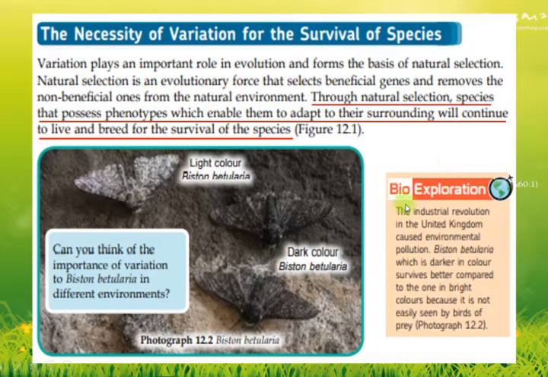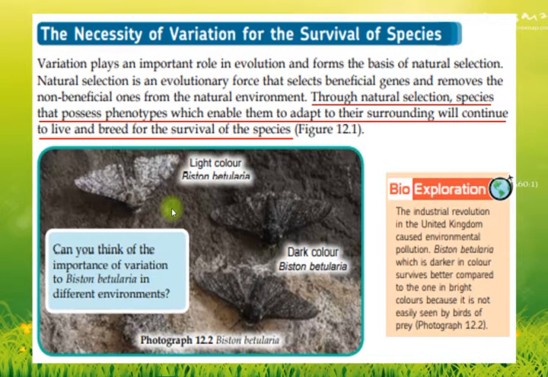Okay, look at the bioexploration here. The Industrial Revolution in the United Kingdom caused environmental pollution. So Biston betularia, which is darker in color, survives better compared to the one in bright colors, because it is not easily seen by birds or prey.